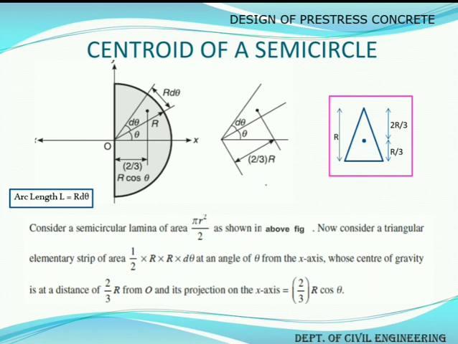Hence the horizontal projection of this distance is nothing but 2/3 r cos theta. Always remember, for any inclined line, or the hypotenuse of a triangle, the horizontal projection is cos theta multiplied by the length of that inclined line, whereas the vertical projection will be sin theta.